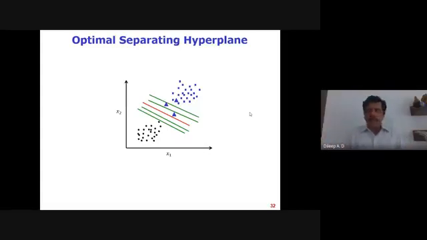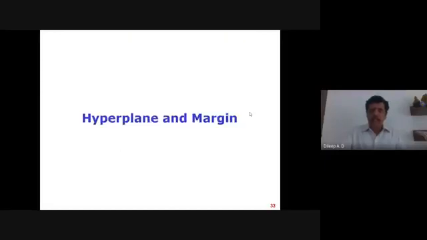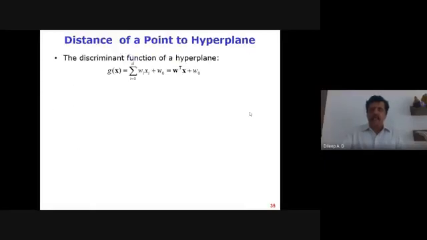How do you find the boundary? That's a bigger question, and we don't have clear-cut answers there. But we need certain constraints such that it is present in the middle. That is what the support vector machine tries to do. Let's see what constraint it puts in order to make the region of separation present in the middle of the two classes.